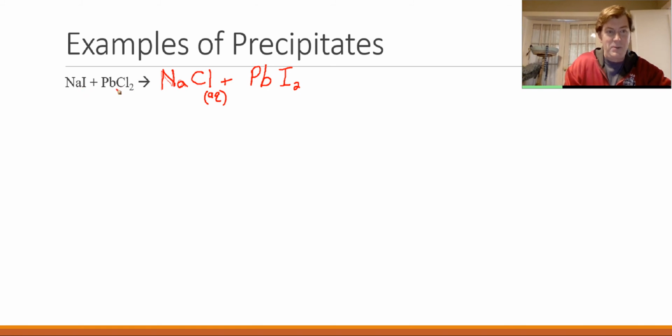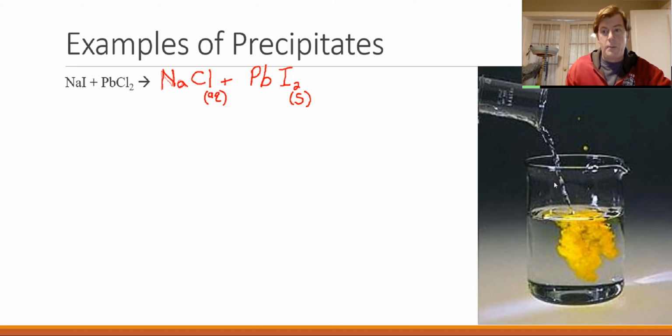We needed to have 2 aqueous solutions there. Whoops, I guess I messed up. So this one, lead 2 iodide, is also going to be insoluble. It will be a solid, right? Because lead 2 is one of those exceptions of the iodine rule. And so when we see that combined, this is what it would look like. That's the yellow stuff, the lead 2 iodide.